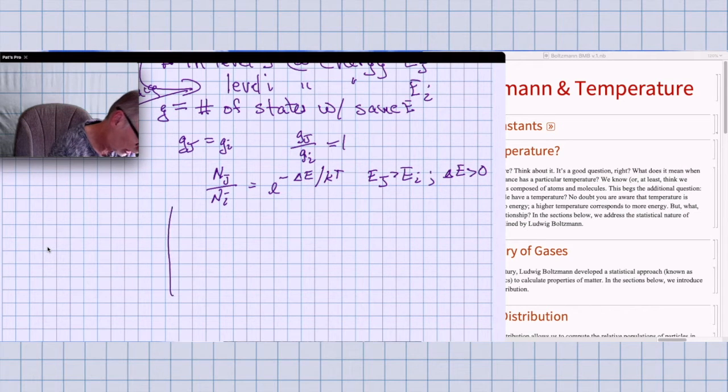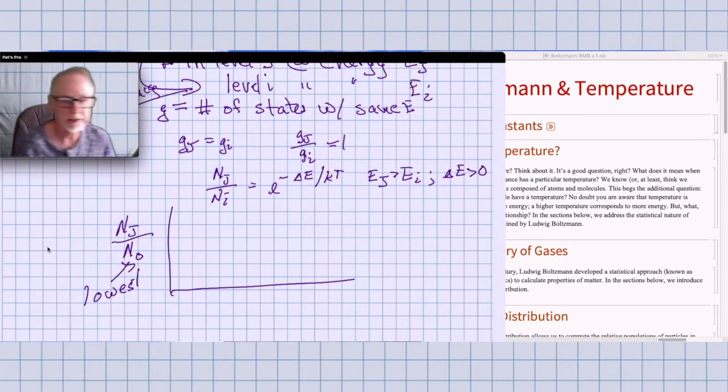All right. And so in a situation like that, that means that if we were to plot this ratio, and let's just assume that we're plotting it relative to the lowest energy level. Okay, so what I'm going to say is that I want to know the ratio of molecules in an upper state relative to the very lowest energy level.